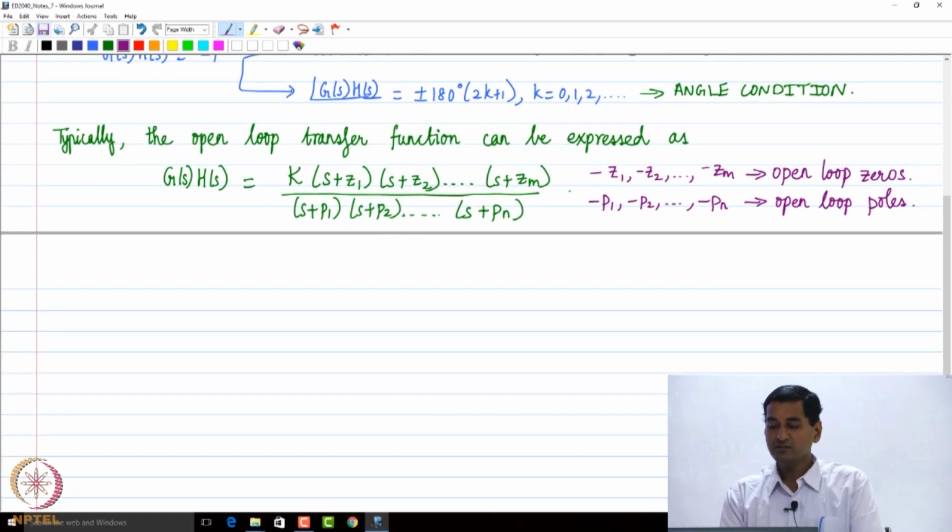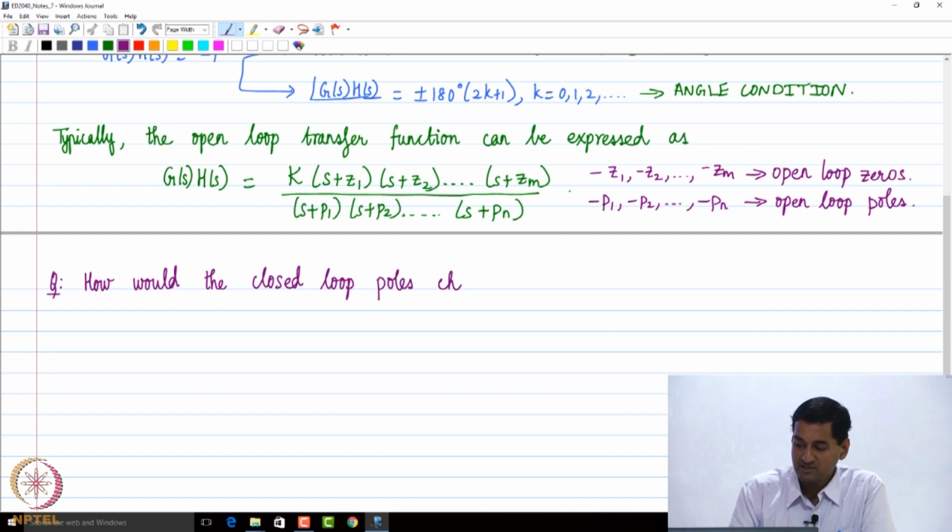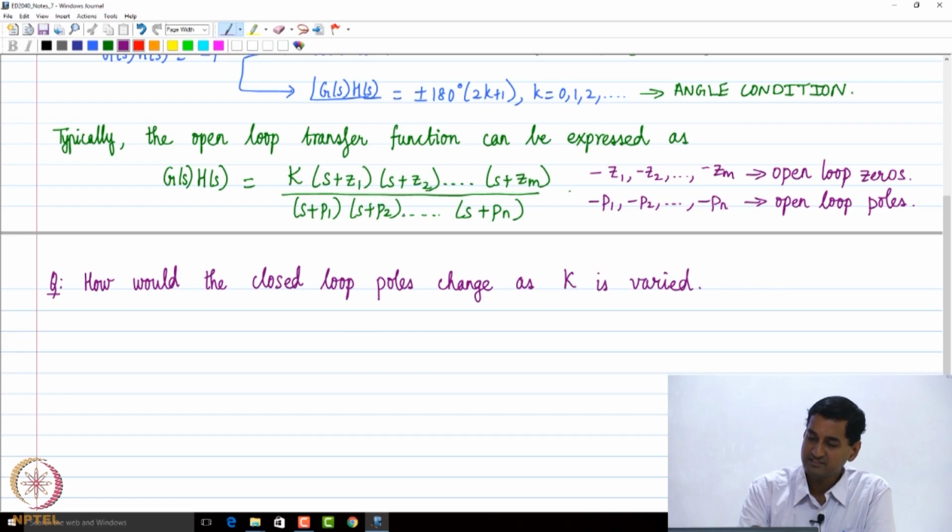Okay. Now the question that we want to ask is, how would the closed loop poles change as K is varied, right?